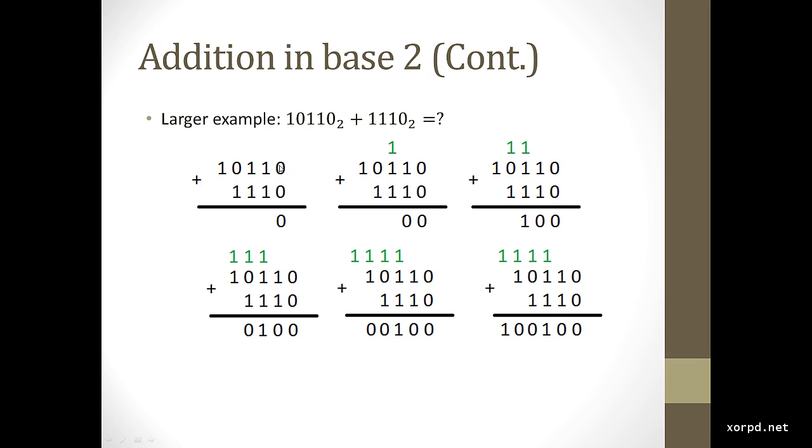We first add those two digits. 0 plus 0 equals 0. Next we move on to the next digit. 1 plus 1 equals 10. So we put the 0 here and the 1 here. Next we add 1 plus 1 plus 1 and we get 11. 1 goes here and the other one goes here.